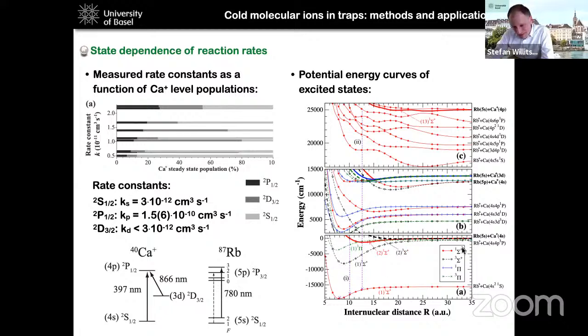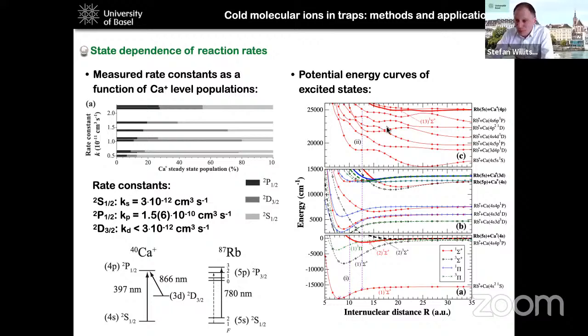So here on the lower part, these are the potential curves that I have showed you before. But there are many more if you increase the energy. And what you see here is the asymptote rubidium in its ground state with calcium plus in its 4p state, which corresponds to this rate constant here. Below this asymptote, you have many, many more asymptotes.